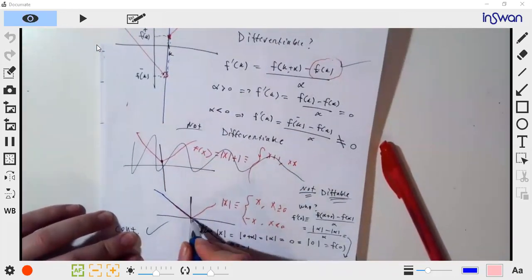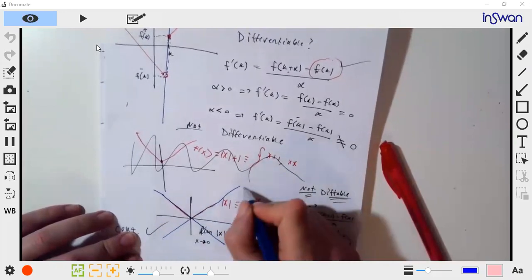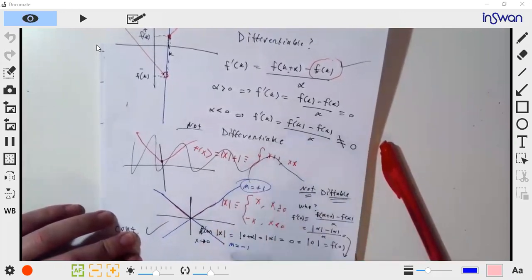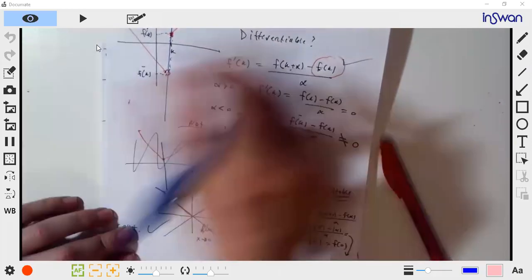But a little to the right of 0, the slope of the tangent line is equal to +1. Okay? These two slopes have to agree for the left side and the right side. So these two slopes have to agree. And since they do not agree, the derivative does not exist.